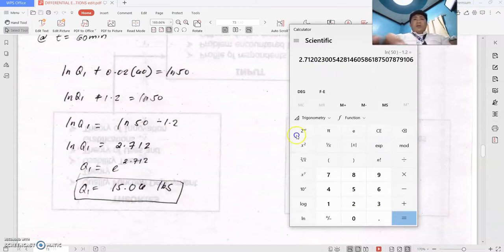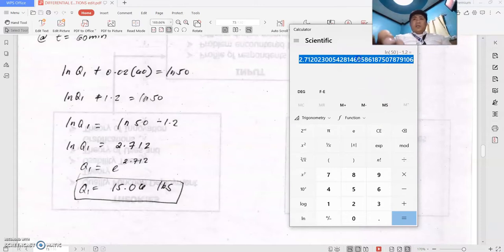Okay? So, exponential, wait, let me delete that one. So ln 50, you have 50 first, ln minus 1.2 equals this one. Let me copy this one.